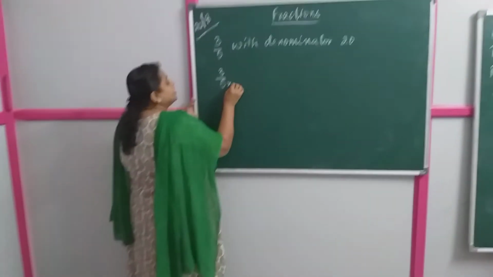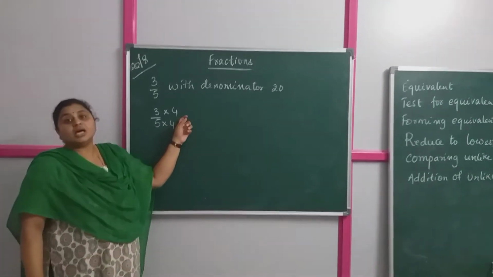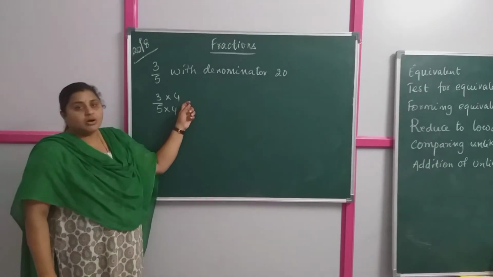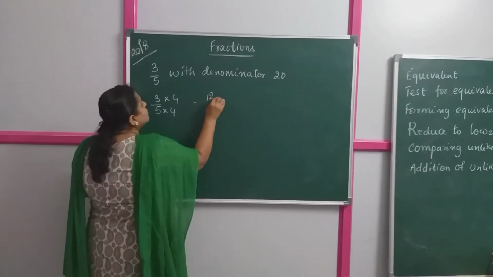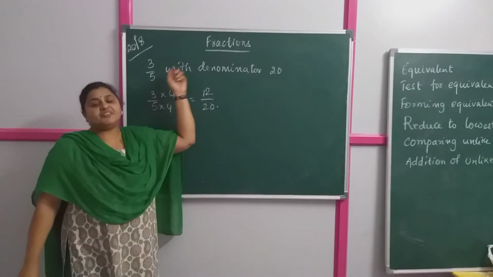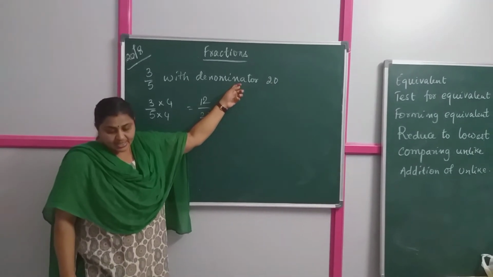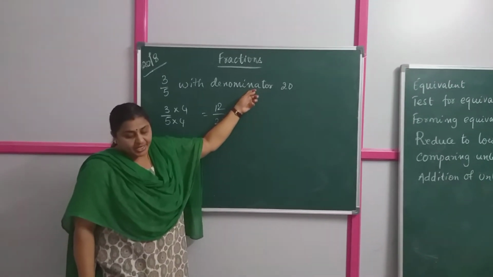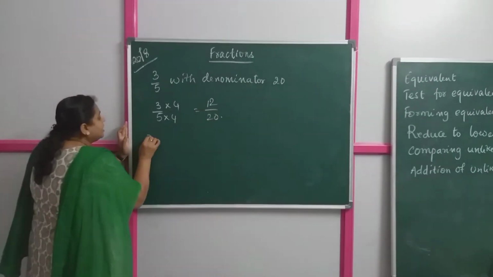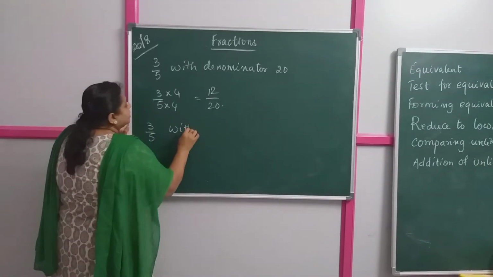So 5 into 4, the same number I multiply with the numerator also. 3 fours are 12, 5 fours are 20. Did I get the equivalent fraction with denominator 20? Yes? Okay. Next example we will see. We need to find the equivalent fraction with numerator 9.